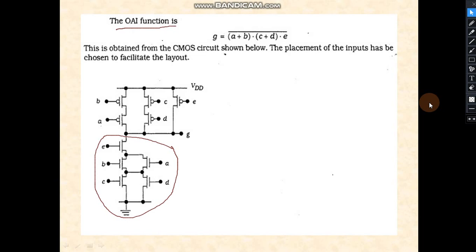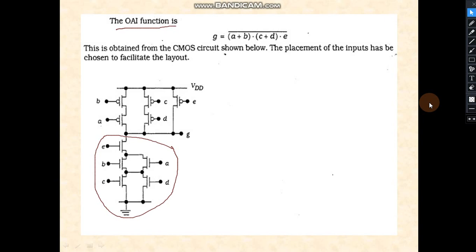In this unit we have discussed what a stick diagram is, the need for stick diagrams, and the basic rules for NMOS and CMOS stick diagrams. Then we discussed a number of examples of NMOS and CMOS stick diagrams.